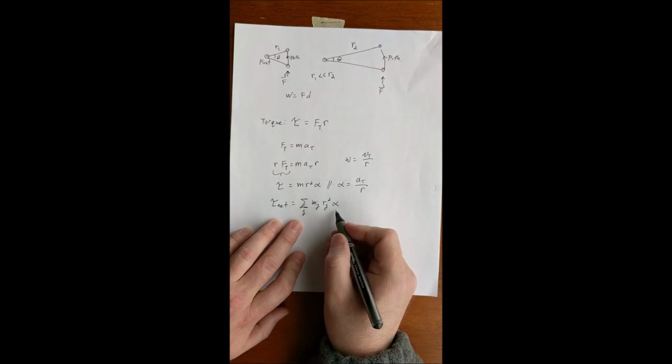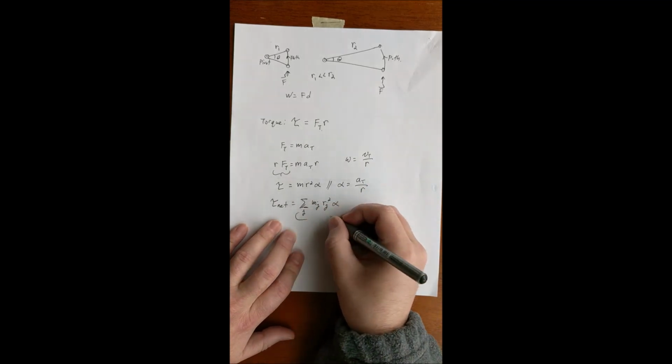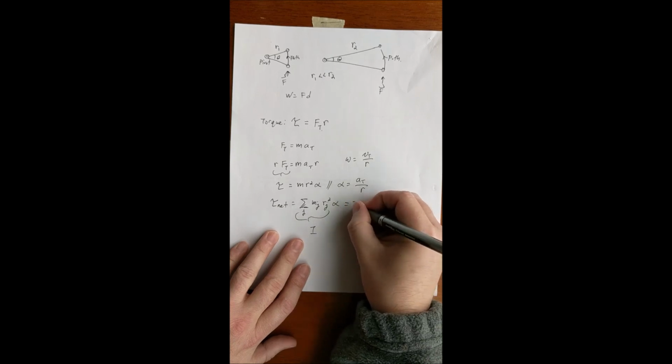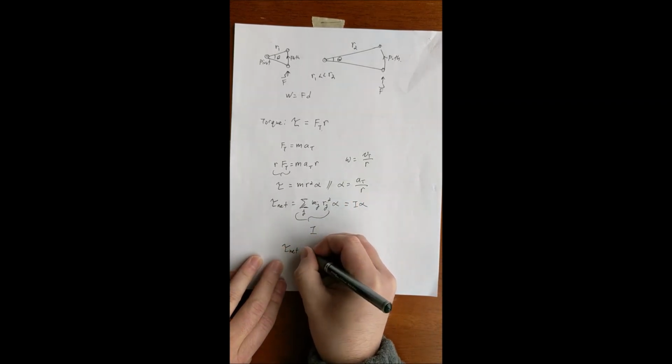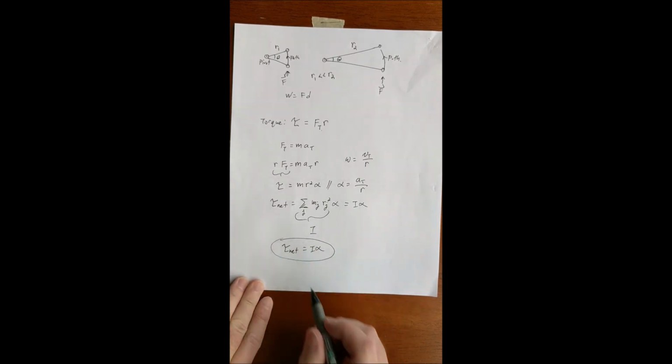I don't have to label the alphas because they all have the same angular acceleration, because we're talking about some rigid thing where everything's moving as one, essentially. And now this should be familiar. This is just our moment of inertia of that object, which gives us I alpha, and so I have torque net equals I alpha. So this is Newton's second law for rotational systems.